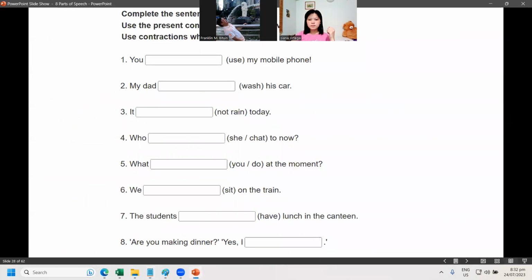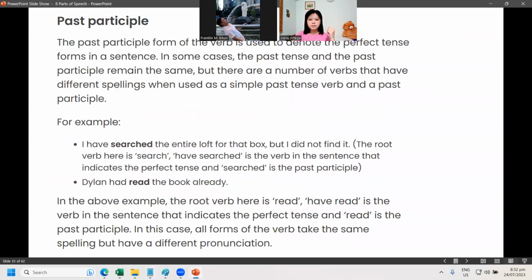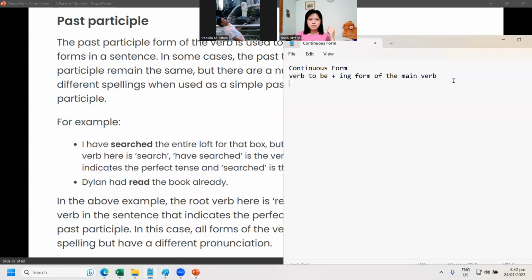All right, so let's have an example here. Example of continuous. We have to be verbs: is, are, was, and were.